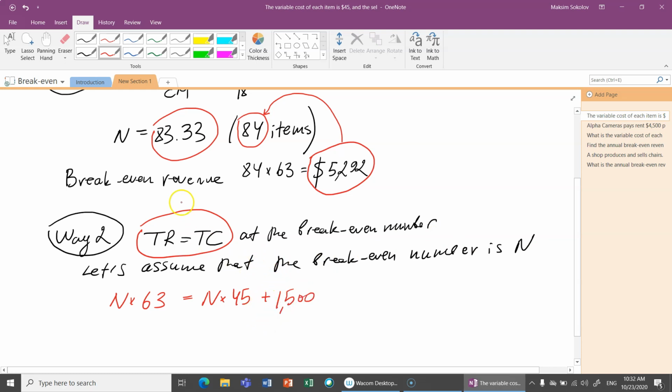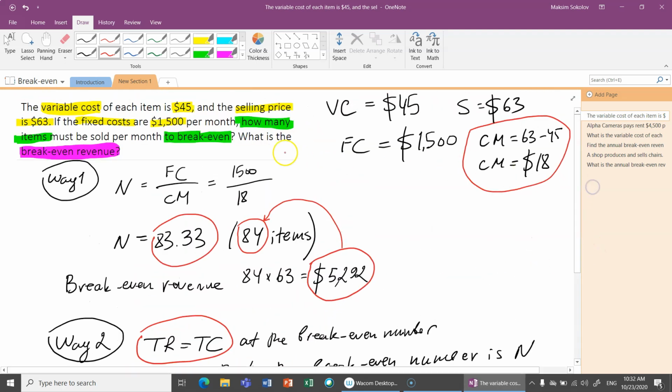So that's the relationship, which is total revenue equals total cost when you have the break-even number of units. So whatever you take from your customers, n times $63, that's the amount of money you take from your customers, that should be equal to the amount of money you pay yourself every month, right? And here, pay attention, how many items must be sold per month to break even.